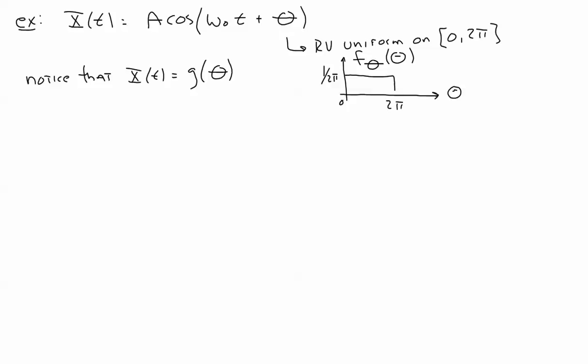My random process, x of t, is a function of random variable, capital theta. Okay? And what we're going to do is find the mean and autocorrelation for x.